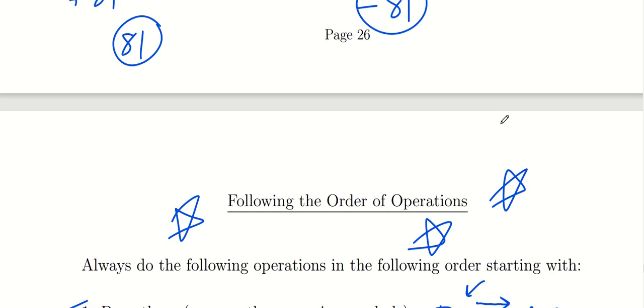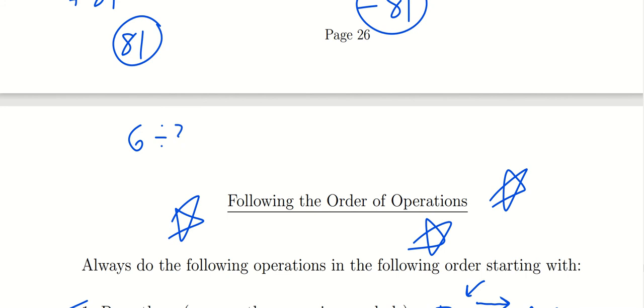Okay. For example, if I have 6 divided by 3 times 2, all we have is divisions and multiplications, so these need to be done from left to right. 6 divided by 3 is 2, and then 2 times 2 would be 4.